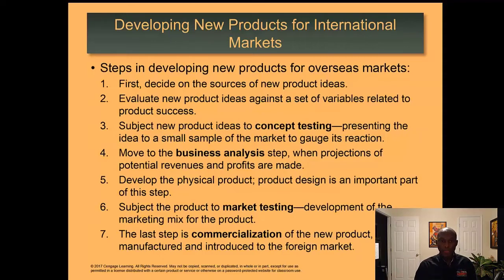Is it going to make money? You develop prototypes. Then you go into market testing. In the marketing book, they say test marketing, where those are synonymous. But in the final analysis, you're moving towards commercialization. So that is going to be the path toward developing new products.